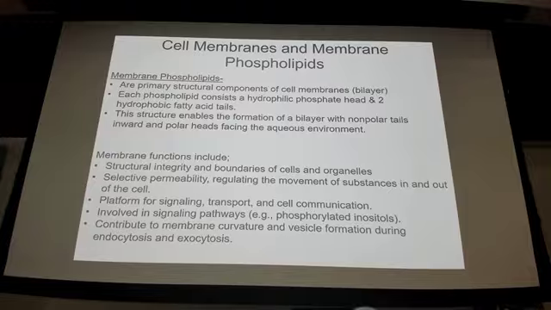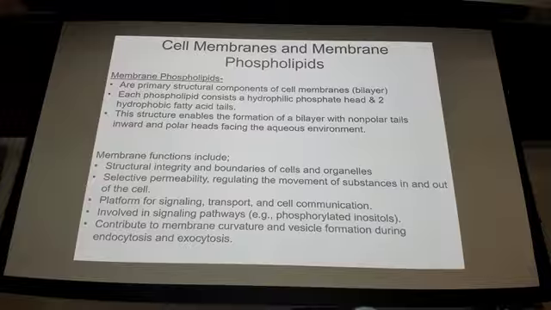That's cell membranes and membrane phospholipids. We know that the cell membrane is composed of a bilayer membrane. Each layer has a head group that's polar or hydrophilic, and 2 fatty acid chains that are hydrophobic, and there are 2 sets of those.